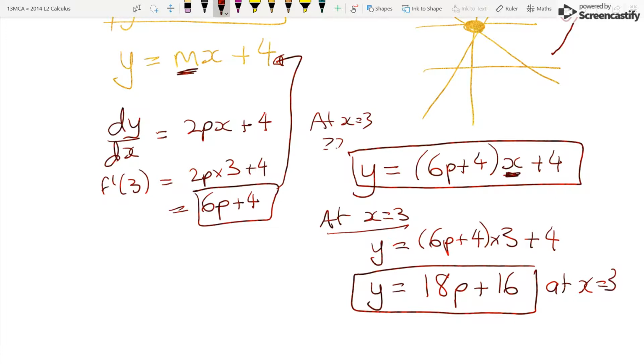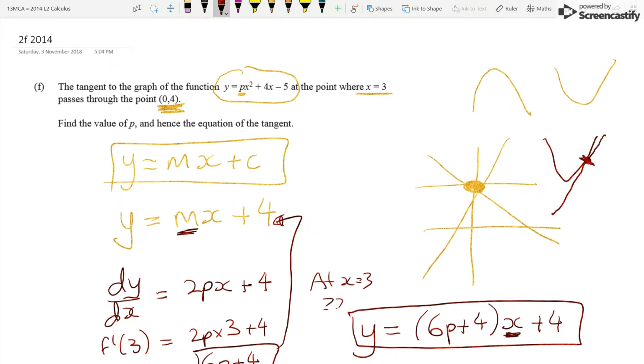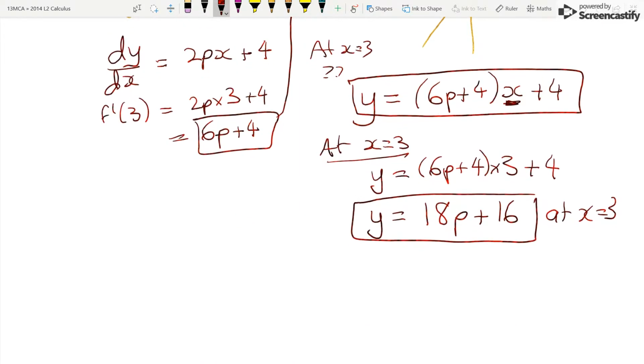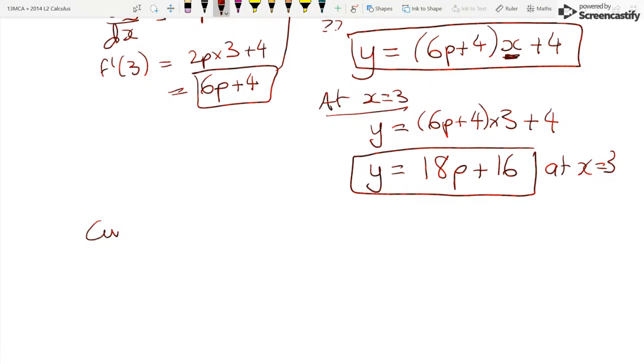Now we go back to the curve. We go back to what we know about our parabola up here. So y equals px squared plus 4x, take away 5. And we ask again, what happens when x equals 3?